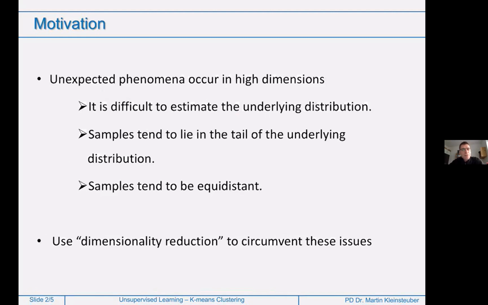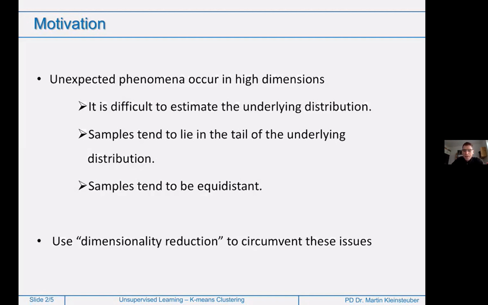Samples tend to be equidistant, and all that was not very good for extracting information. So one idea is to use dimensionality reduction to circumvent these issues. Of course, dimensionality reduction has to be well defined and graspable from a mathematical perspective. What do we mean by dimensionality reduction?